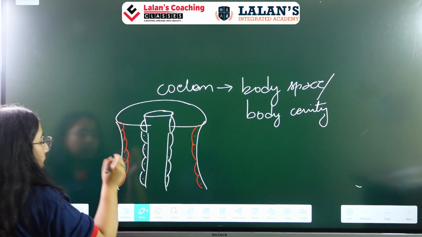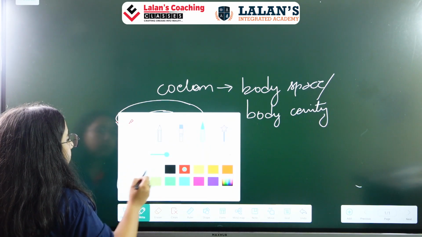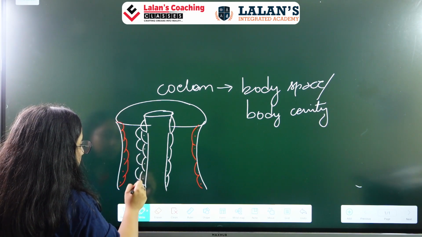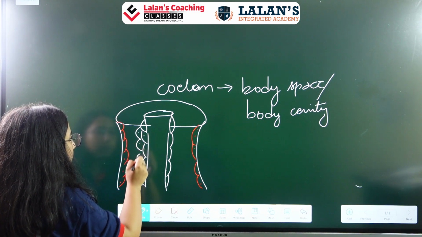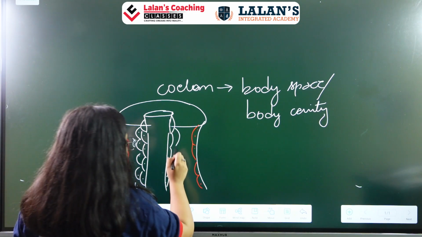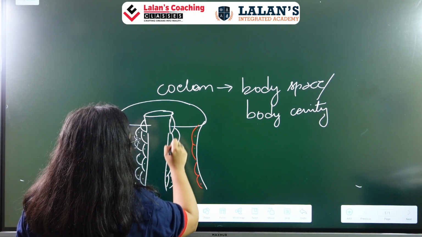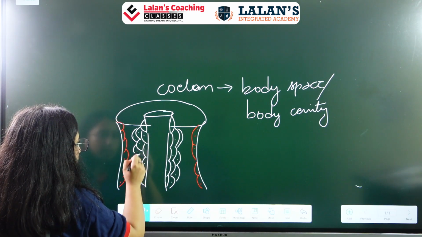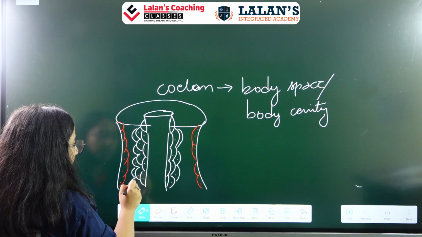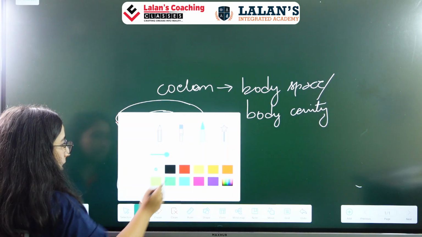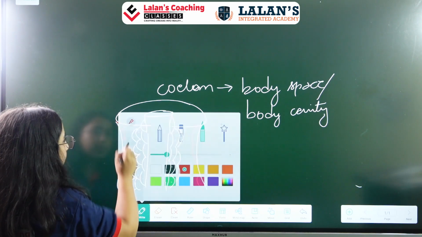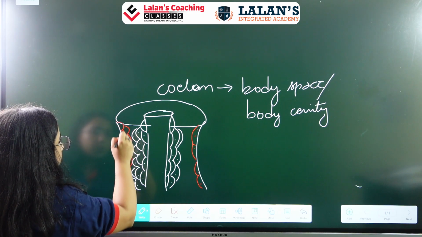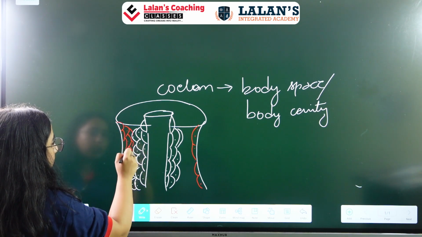Now both these endoderm cells and ectoderm cells, in some animals, fill up the entire body space. So there is no space in the body, there is no cavity. Cavity here means a space. Since the cells have filled up everything, there is no specific space in the body. The body is overcrowded with cells.